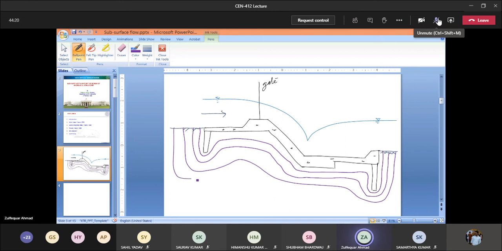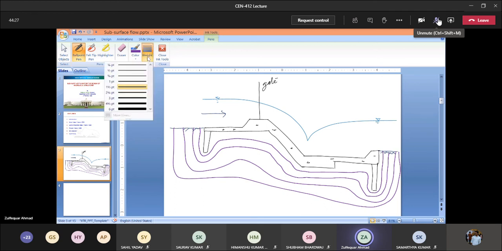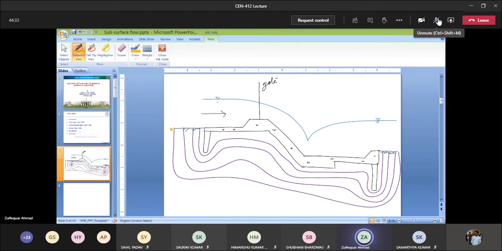Right, these are the flow lines, right. So these are the flow lines, and I think you have come across the equipotential line, okay, right. So let me draw, this is the one equipotential line, and this one is the one equipotential line, okay.